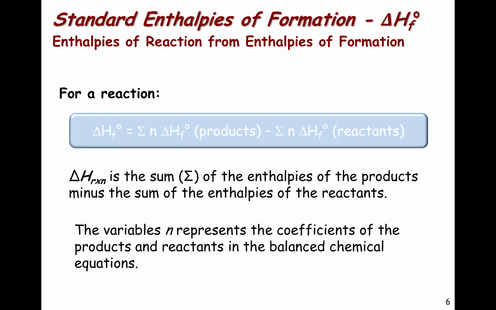The general formula for that is to sum together the heats of formation of the products multiplied by their stoichiometric coefficients, the n in the balanced reaction, and then subtract the sum of the heats of formation of the reactants multiplied by their stoichiometric coefficients.